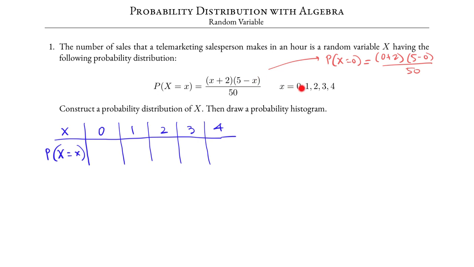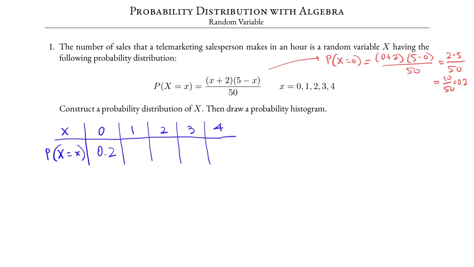In this case, when x equals 0, 0 plus 2 is 2, 5 minus 0 is 5. We multiply, and 2 times 5 divided by 50 is 10 over 50, which is 0.2.